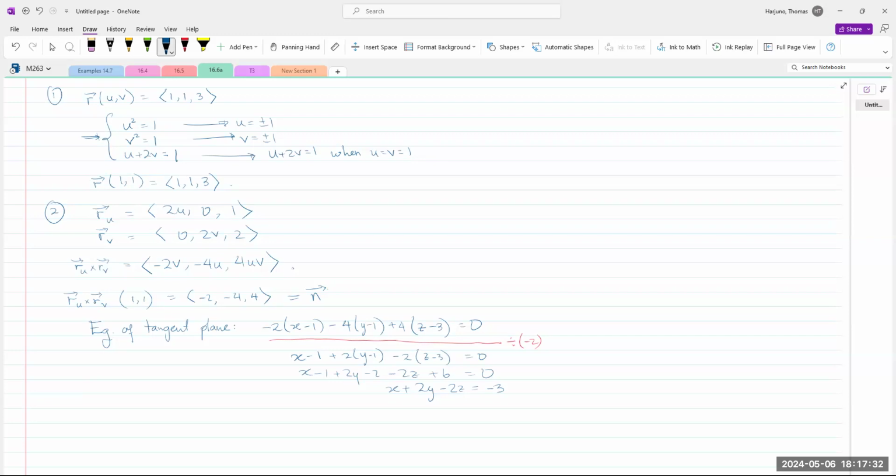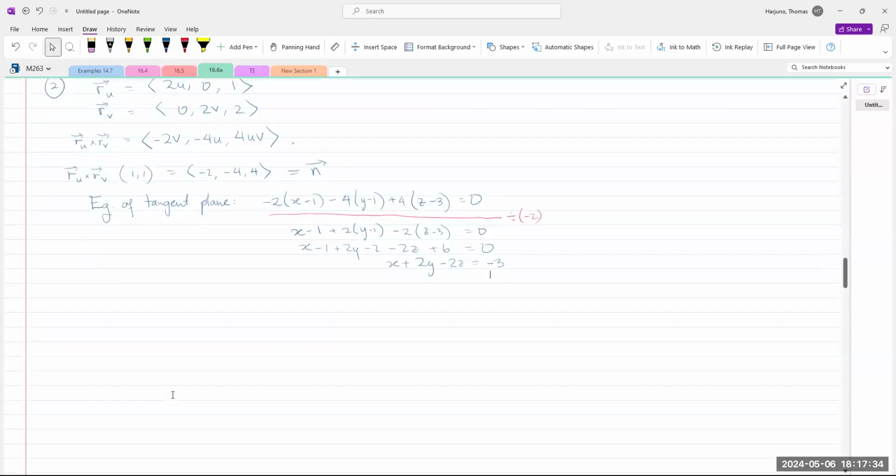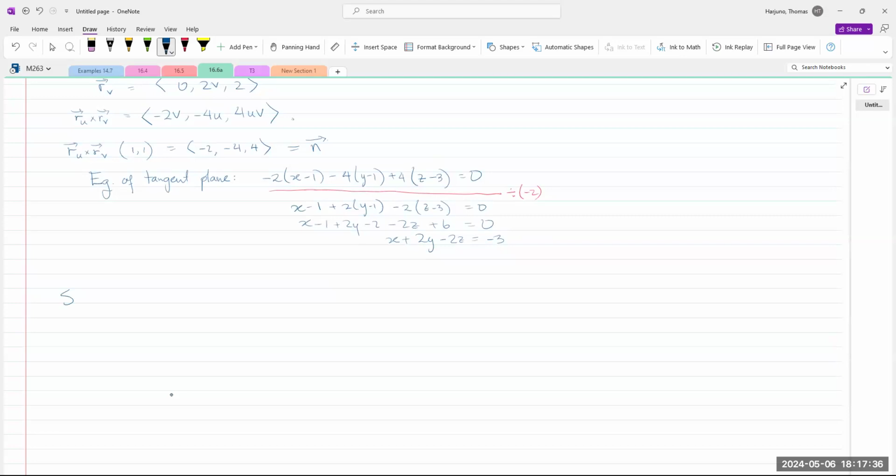Now, how about the surface area? Let the surface S be given by r(u, phi), where (u, phi) is inside the domain D. So imagine you have that surface S, right?